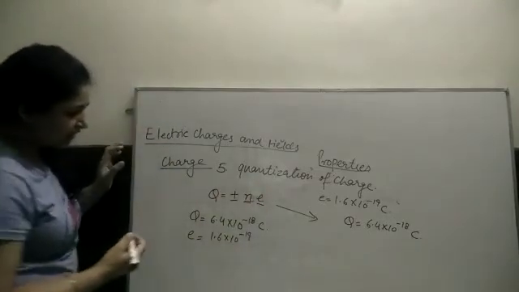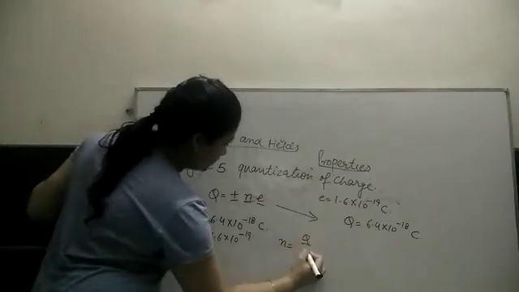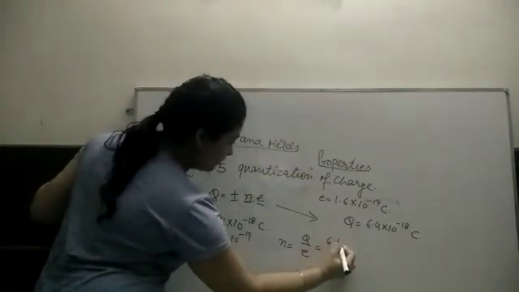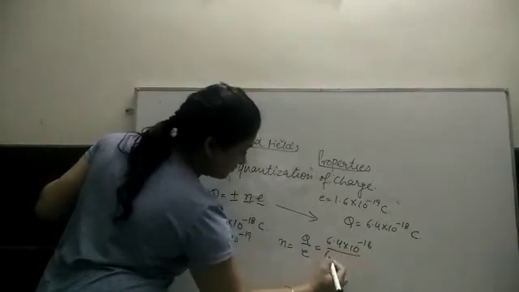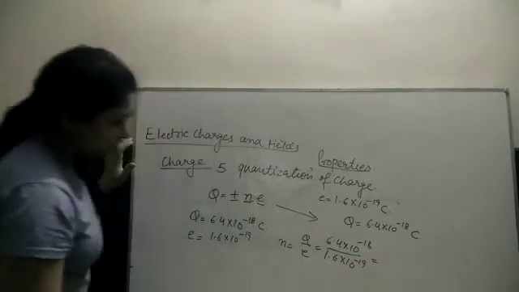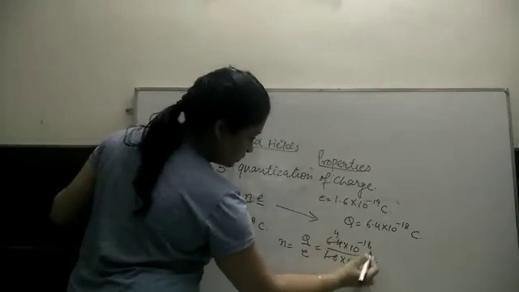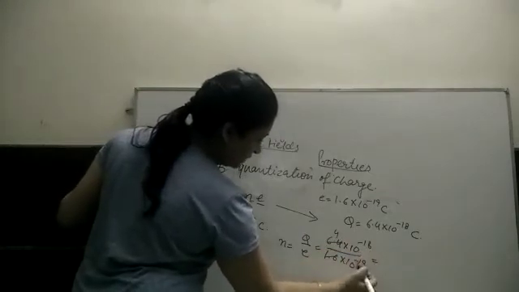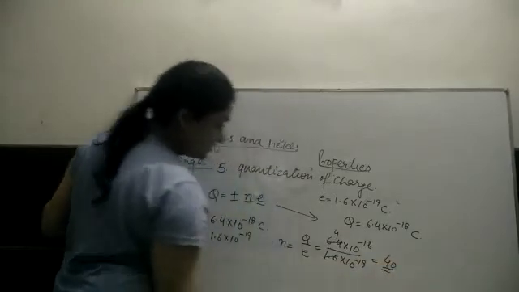So n will be Q over e, that is 6.4 into 10 raised to power minus 18 divided by 1.6 into 10 raised to power minus 19. So what are we going to get here? 4, and this will go here, and you will get 10. So 40 electrons. So you see this 40 is an integer.